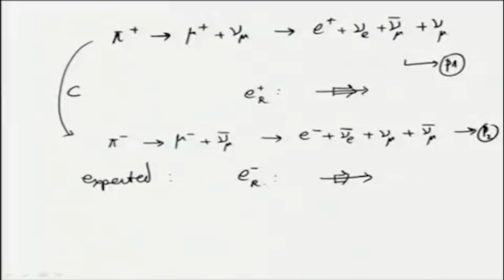Why? Because the charge conjugation operation will not do anything on the spin or the momentum. It only changes the type of the particle from particle to antiparticle and antiparticle to particle.